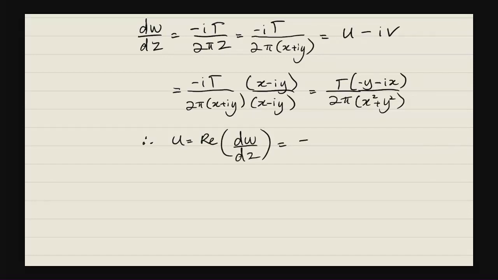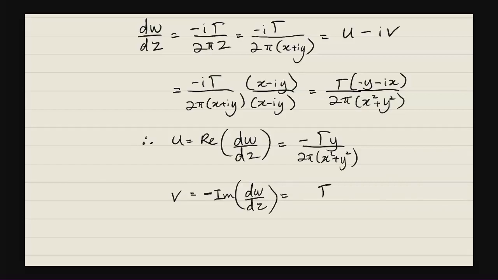Therefore it's just negative gamma y over 2 pi times x squared plus y squared. And v is just the negative imaginary part of dw/dz. So that's just gamma x over 2 pi times x squared plus y squared.